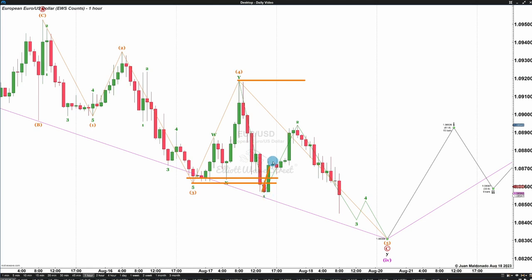So let's suppose that we have 1, 2, 3, 4, 5. Right there is where we can tell that the market has turned, with a high probability building the reversal for the end of the wave 4.